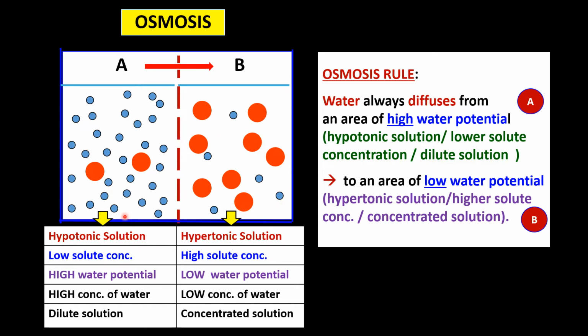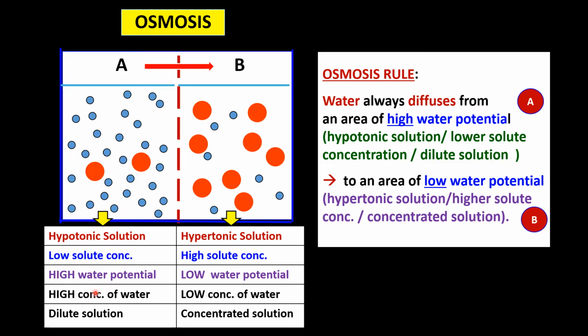So we say that relative to B, A is a hypotonic solution, meaning it has low solute concentration, but high concentration of free water molecules, the blue one, right? Okay, when it has low solute concentration, it will have a high concentration of free water molecules, the free water molecules that can move around. And we say that it has high water potential.